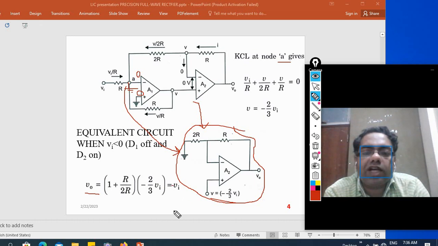Here minus will come. So when the input voltage is negative, the output voltage is the negative of this. That means if I plot, the output voltage will become positive.